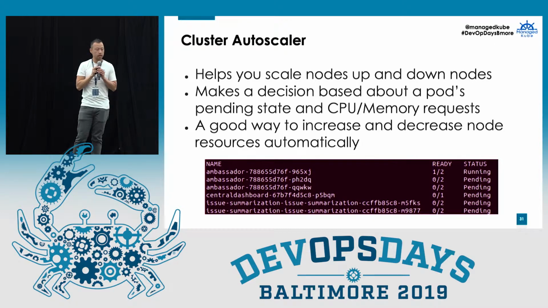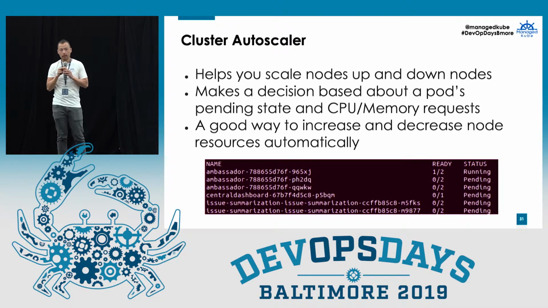So the cluster autoscaler helps you scale up and down nodes when you need it. For example, if you look at the picture here, you have pods that are sitting in pending state. It could be in pending state for any number of reasons, but these pods are in a pending state because they're waiting for some resource.